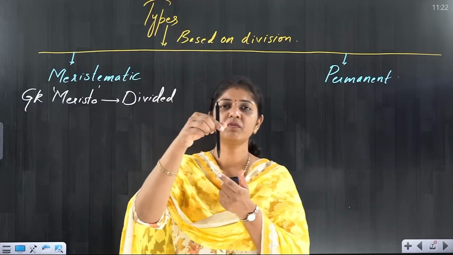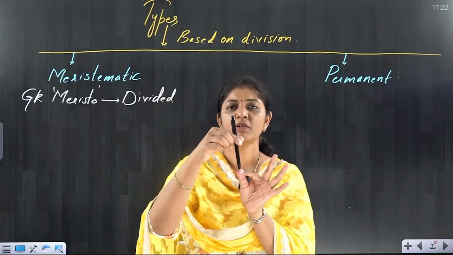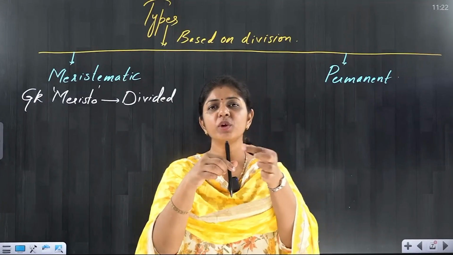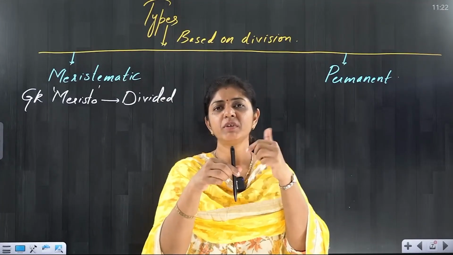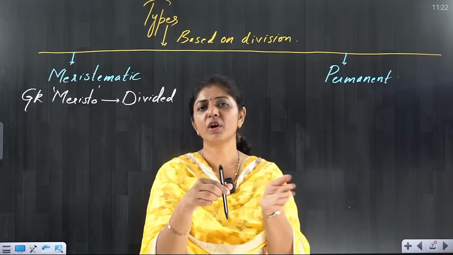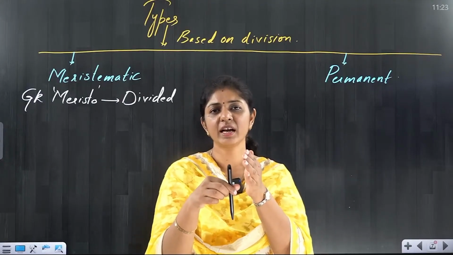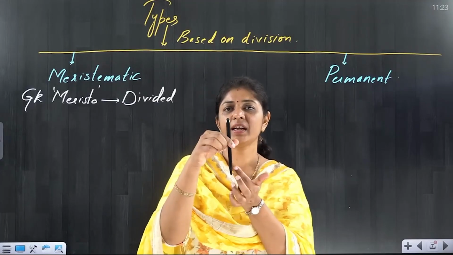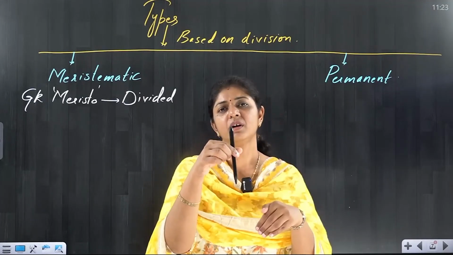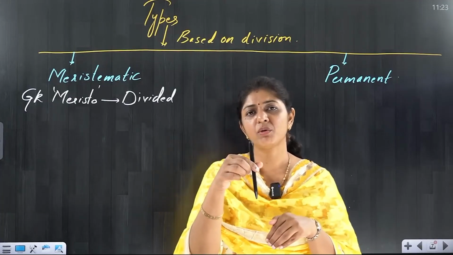In the root you will find at the tip the region of meristematic, then elongation, then maturation, which has root hairs. Now that maturation region will not divide. It has the main function of absorption of water and minerals. But the tip has dividing tissue so that the roots can keep on elongating under the earth to get water and minerals, right?